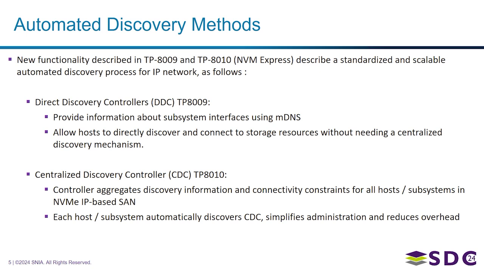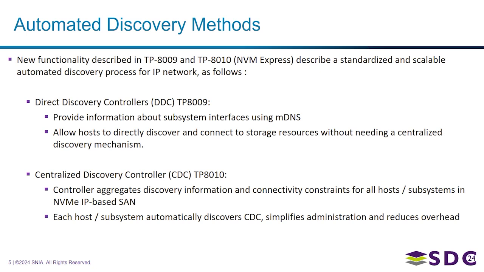Right. So as we see about that, the automated discovery methods identify new functionality described in technical proposal 8009 and technical proposal 8010. These are technical proposals defined by the NVMe Express organization.